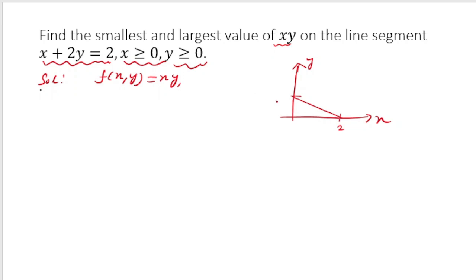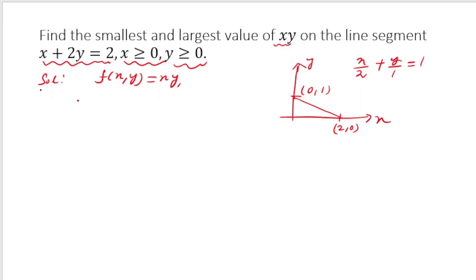It is given that x and y are greater than or equal to 0. So the boundary points are 2 comma 0 and 0 comma 1. I hope you are clear about this. This line can be written as x by 2 plus y by 1 is equal to 1 if I divide by 2 on this side. So the intercept on the x-axis is 2, the intercept on the y-axis is 1.